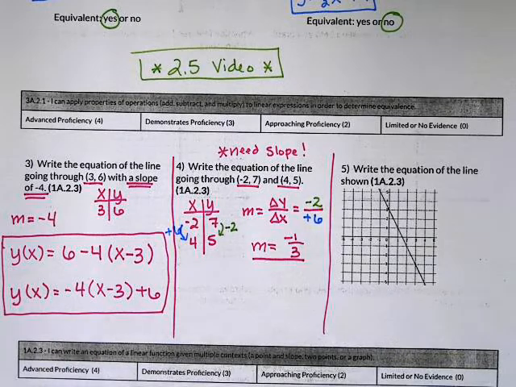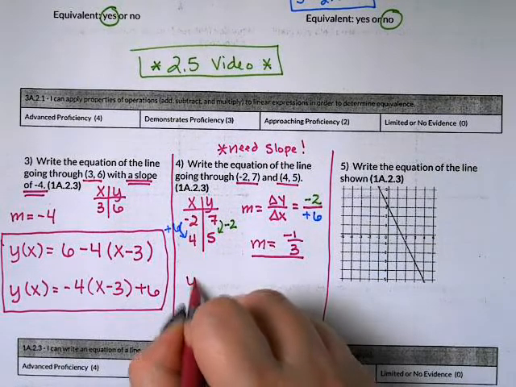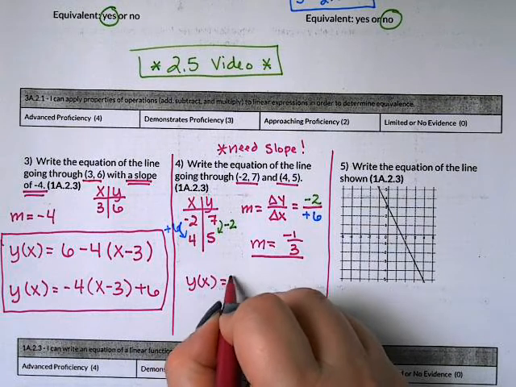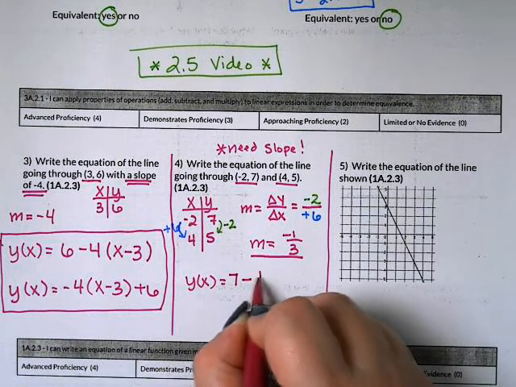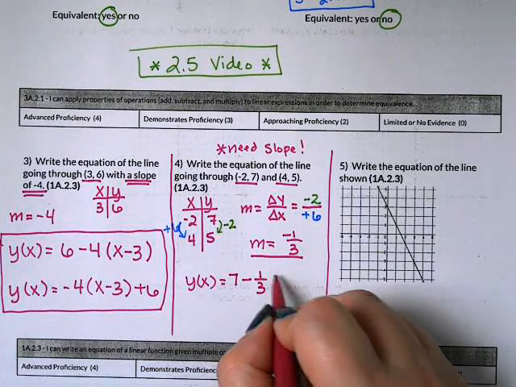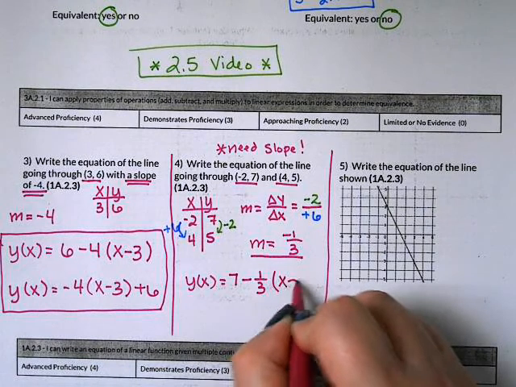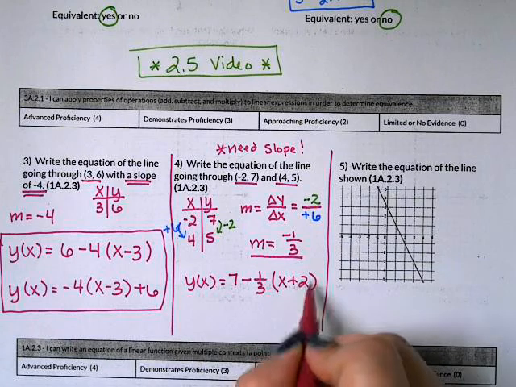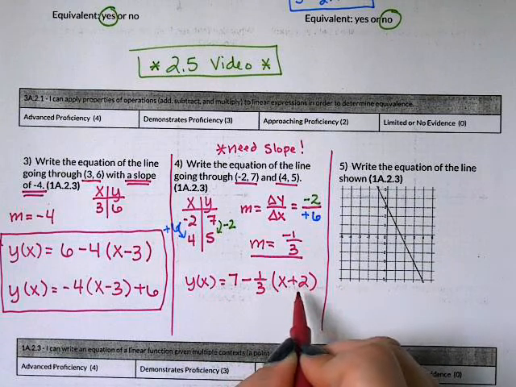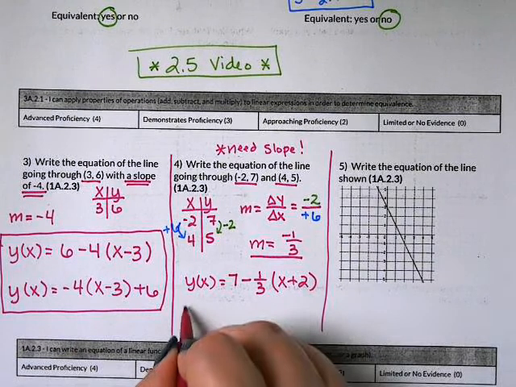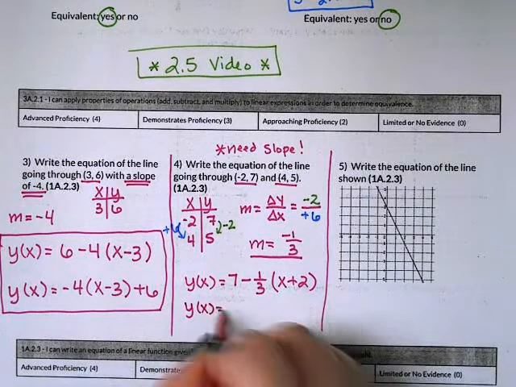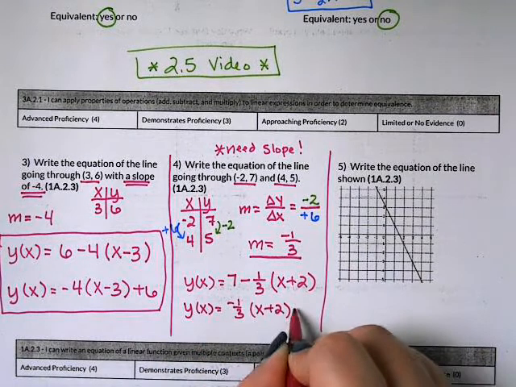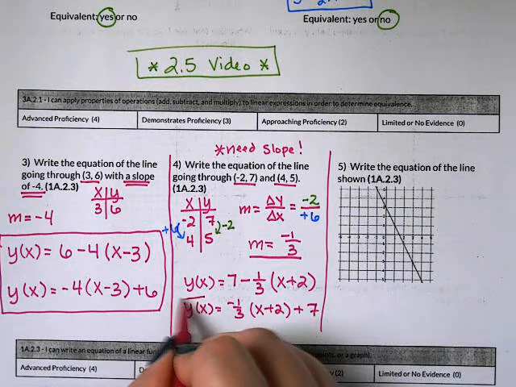So this equation is going to be y of x equals my starting y value, which is 7, and then my pattern, which is -1/3, and it's going to be x plus 2. Since my table started with an x value of -2, my parentheses are going to be x plus 2. Now if we want, we could put the 7 at the end, so it's going to be -1/3 times x plus 2, and then the plus 7 can go at the end.